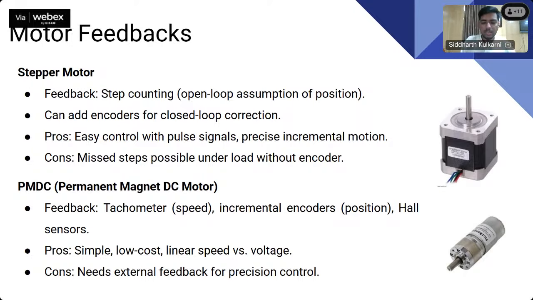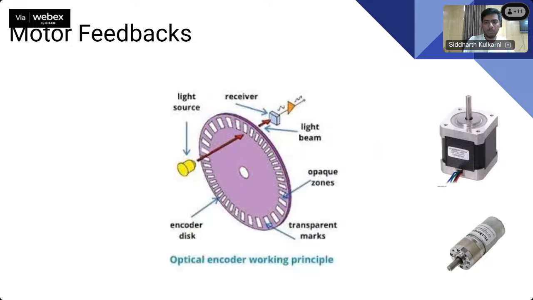Okay, so let's see briefly what an encoder is. This is the typical working of an optical encoder. We will have a disc, and you see the hole here, right? The shaft of the motor will go through this hole. As the motor rotates, the purple disc that you see will also rotate.